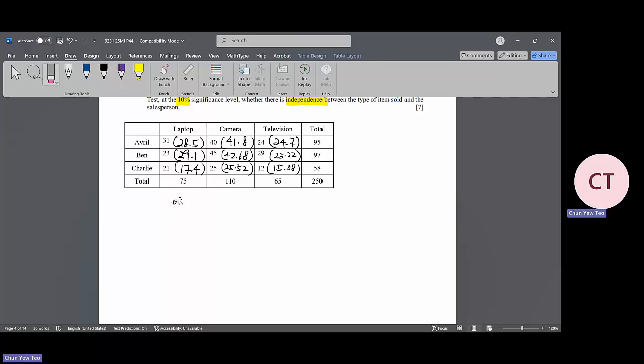So the null hypothesis is that the type of item sold is independent of salespeople.